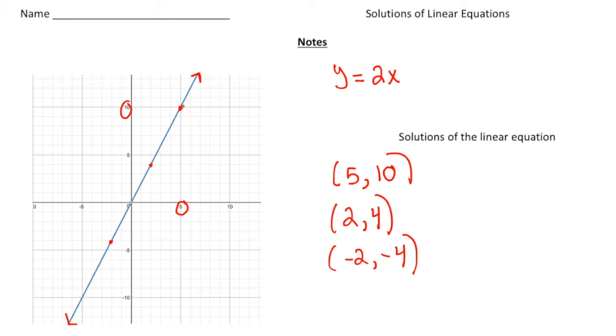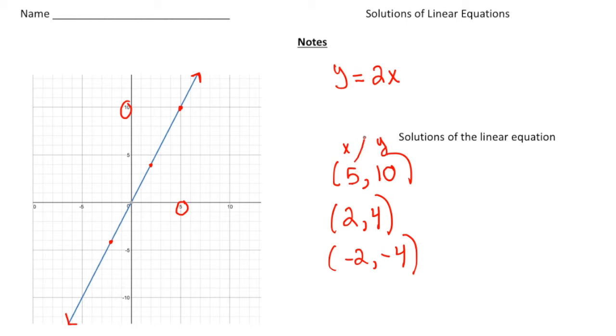So imagine that this line kept going up and up and up as far as you could go, and this line keeps going down and down and down forever. Every single point that makes up this line, those coordinates are a solution to the equation y equals 2x. So here's some proof. Let's go back to the first one, 5 and 10. Well, 5 is the x value, and the 10 is the y value.